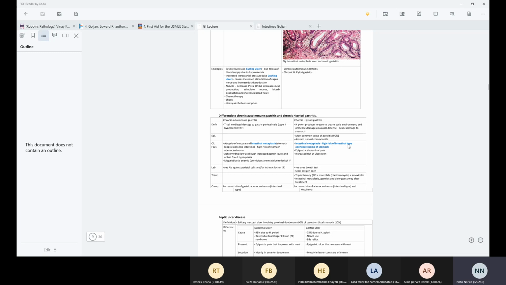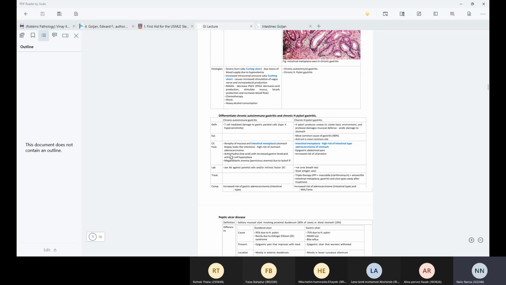Like in esophagus, we have two types of cancer: squamous cell carcinoma and adenocarcinoma. In stomach, we also have two types of cancer. If it is epithelial cancer, or carcinoma, you will have intestinal and diffuse. But we have three other types of malignant tumors as well, and I will tell about it as well.